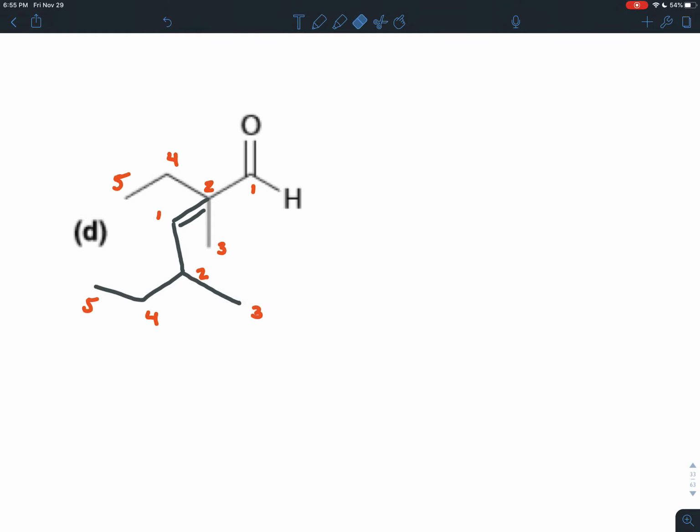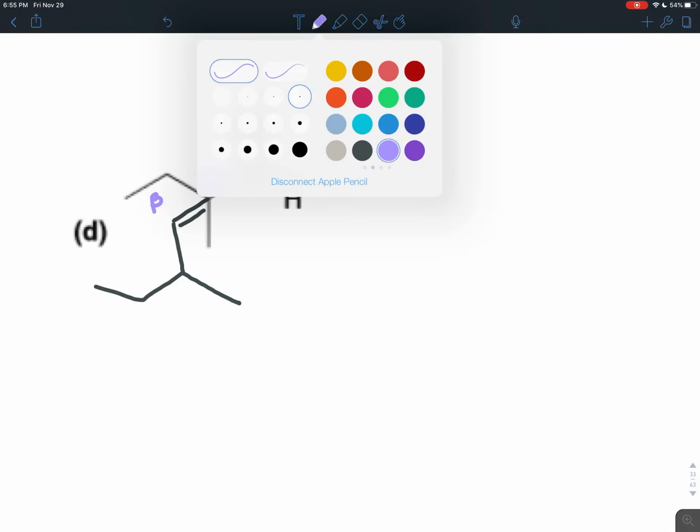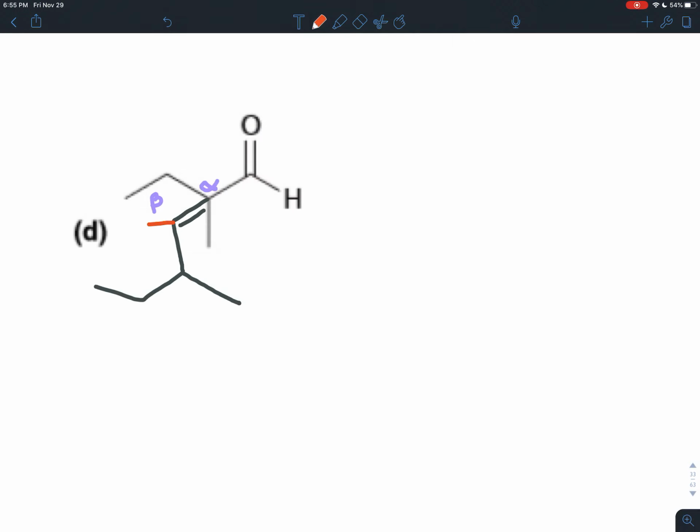Okay, so once you have all of the carbons attached, now erase the numbers and write in the Greek letters. This is the alpha carbon, and then follow the double bond to the other end. You'll have your beta carbon there. On the beta carbon, draw in an OH. With the aldol addition, you always get a beta hydroxy aldehyde or ketone.